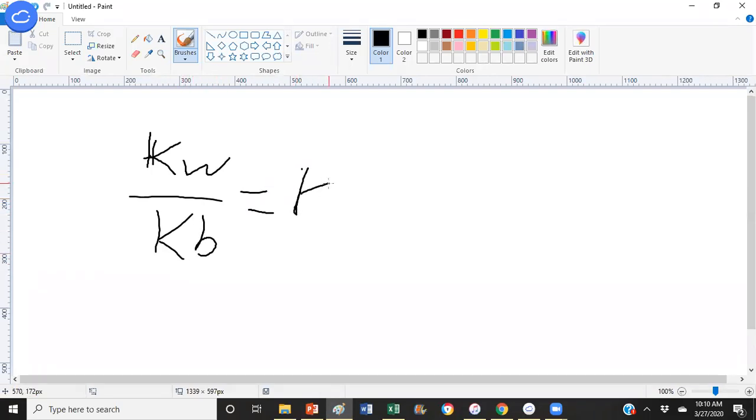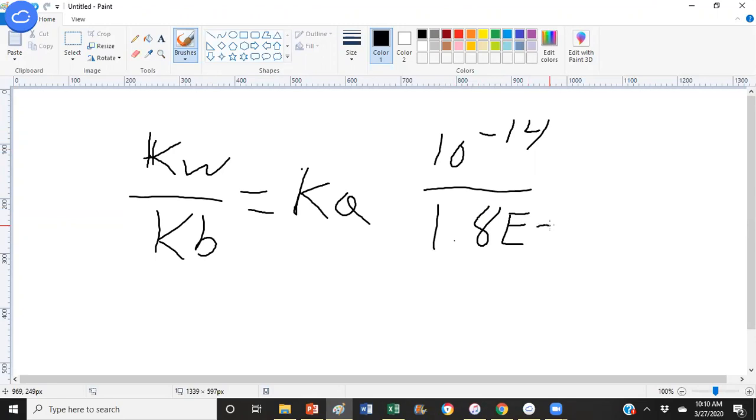So the first thing you'd have to find is the Ka. Kw divided by Kb is your Ka. So 10 to the negative 14th divided by 1.8 times 10 to the negative fifth is going to be our Ka.